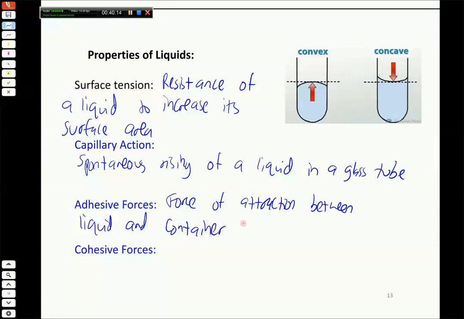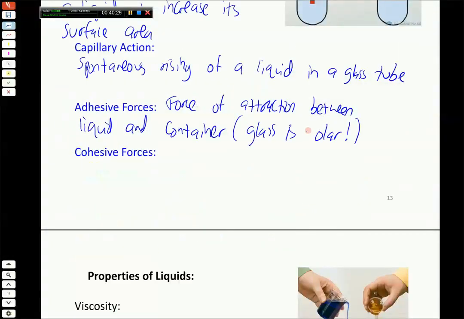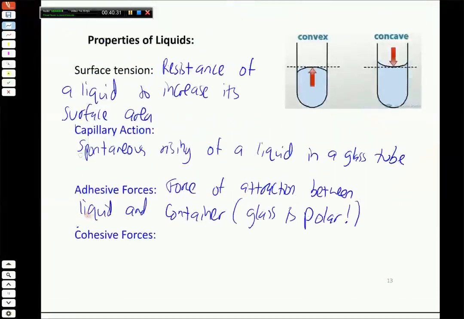This is especially prominent in glass because glass itself has a polar surface. Because glass is polar and most liquids, especially water, are polar, you get this interaction between the liquid and the glass itself. That's what's referred to as the adhesive force.